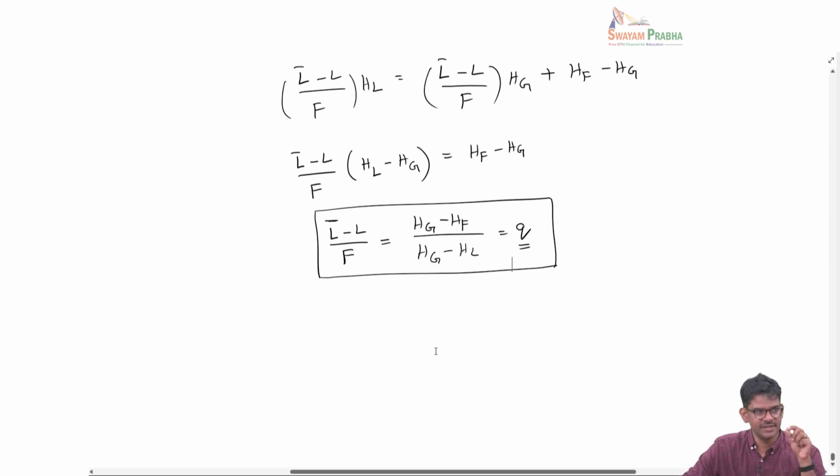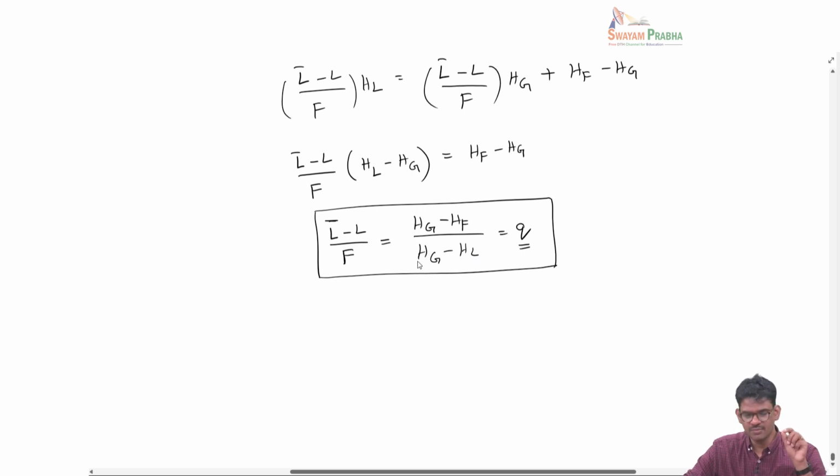So, this is at a particular feed location. I already said the temperature varies along the column from top to bottom, lowest at the top and highest at the bottom. Feed is somewhere in between, and there will be a corresponding temperature. At that temperature you look at the enthalpy of the saturated vapor, that is Hg. HL is the saturated liquid's enthalpy. The difference is nothing but the latent heat.